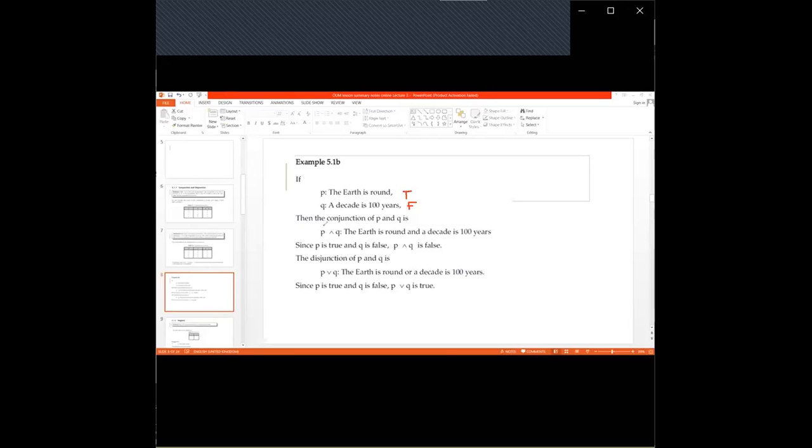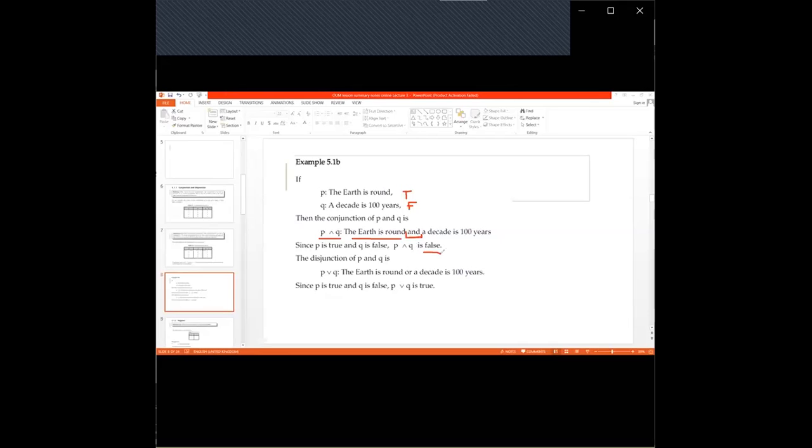Now, the conjunction of P and Q, which is the earth is round and a decade is 100 years, will be false. It will result in a false statement. Why?